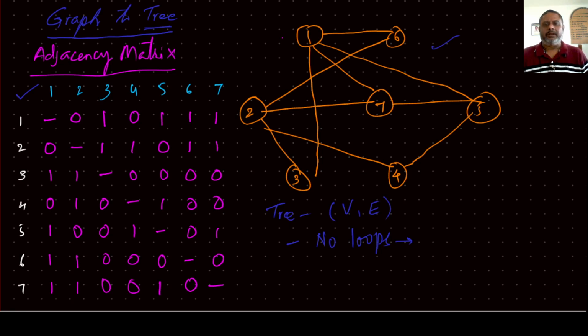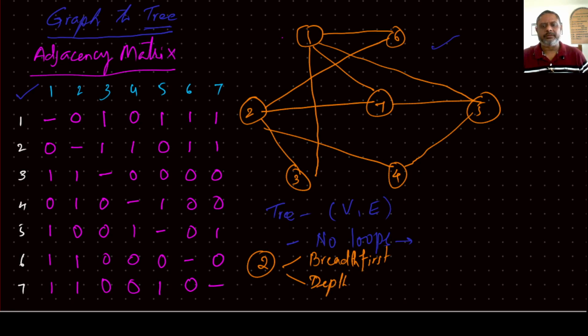So how can we convert a graph into a tree? So basically there are two ways of doing it. One is breadth first version. So check breadth wise or check depth wise.